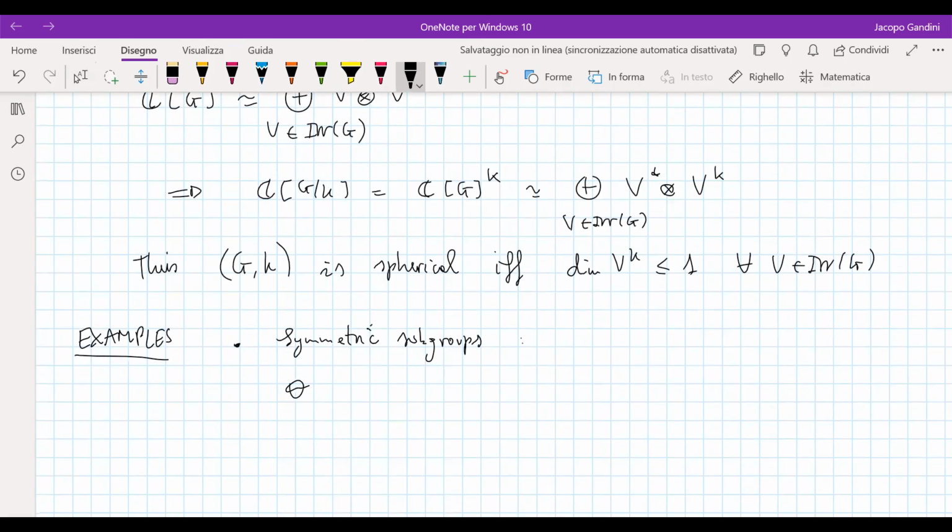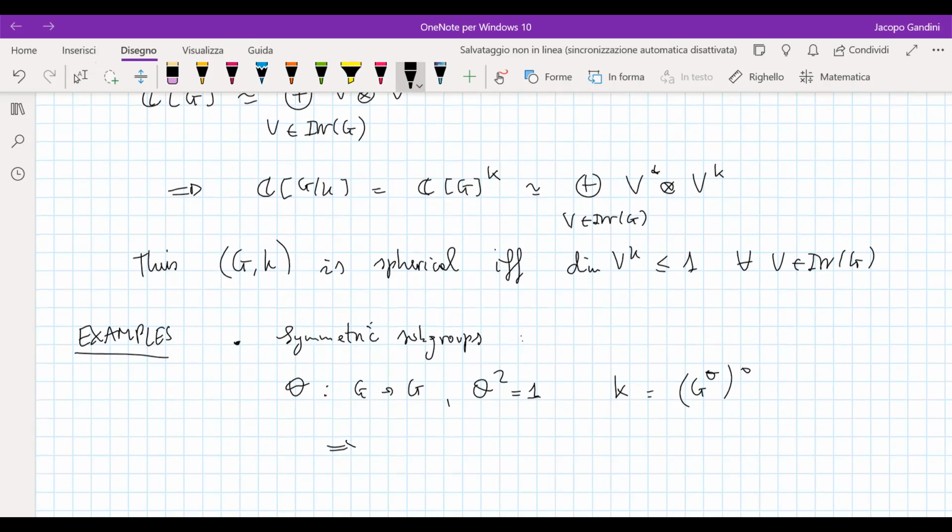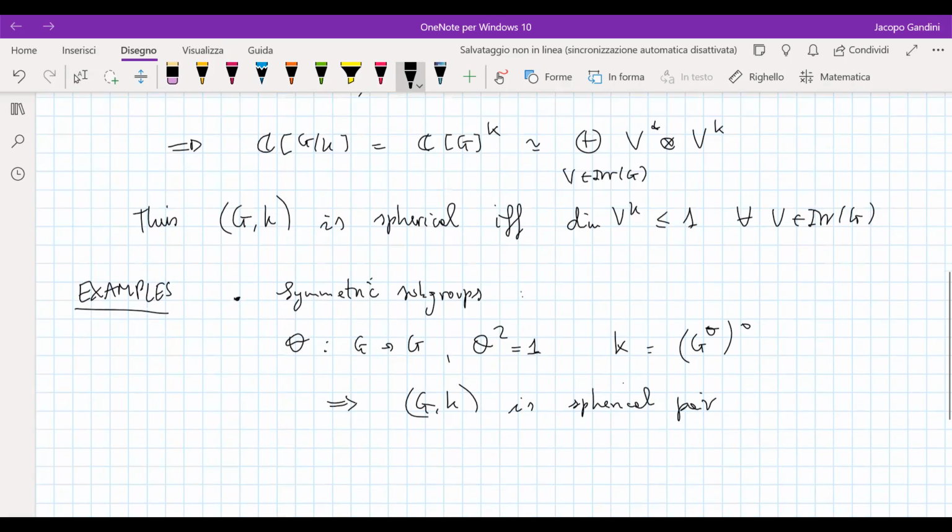We start with theta, an algebraic involution of G. So theta squared is equal to 1, and K is the identity component of the fixed points G^theta. Then this is a classic theorem: (G, K) is a spherical pair. Or rather a symmetric pair, but they enjoy this multiplicity-freeness property.